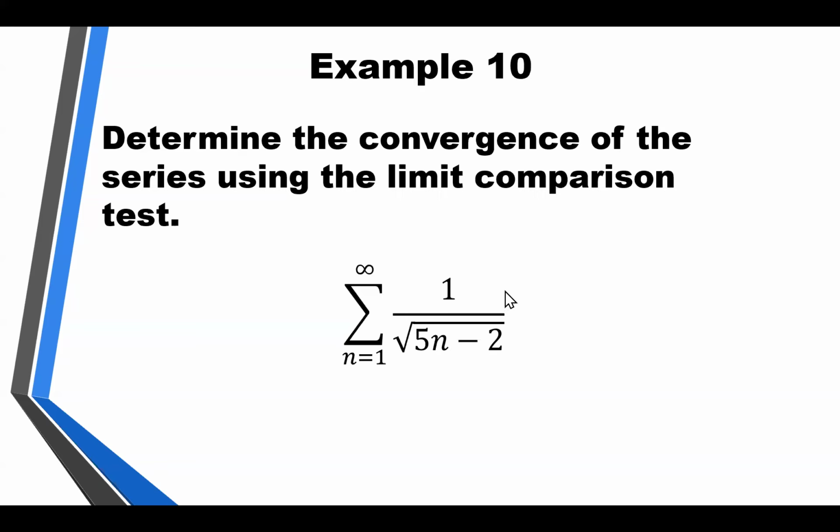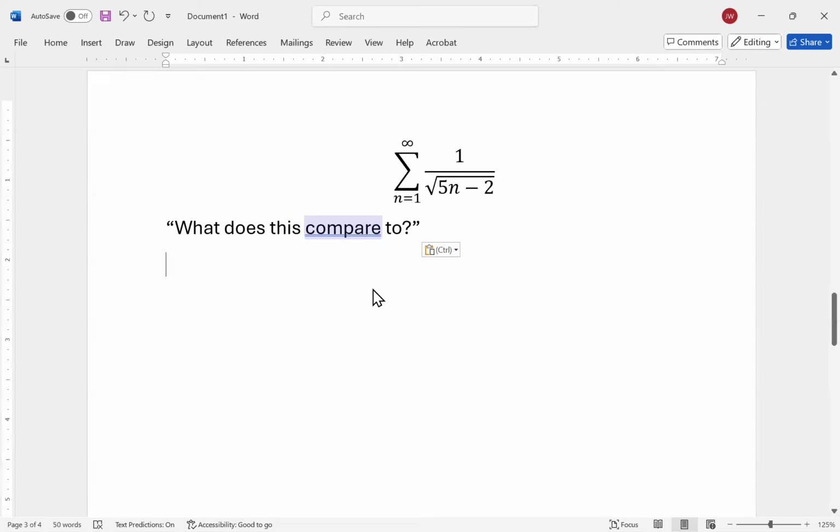In this case, as always, I'm always going to ask first, what should I compare it to with the limit comparison test? I want a simpler series where I know what's going on.